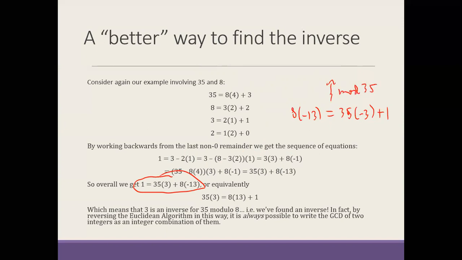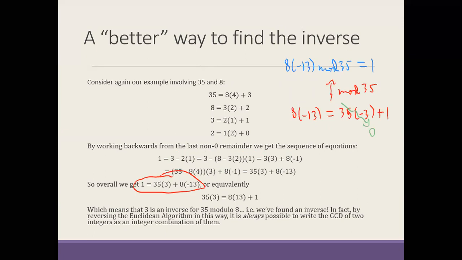If I take everything mod 35, what's going to happen to the right-hand side? What's 35 times negative 3 mod 35? What's that going to go to? That's going to go to 0 because it's perfectly divisible by 35, yes? Okay. And what am I going to get here? I will get 8 times negative 13 mod 35 equals what? 1.